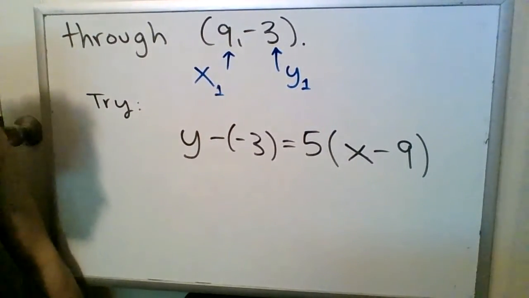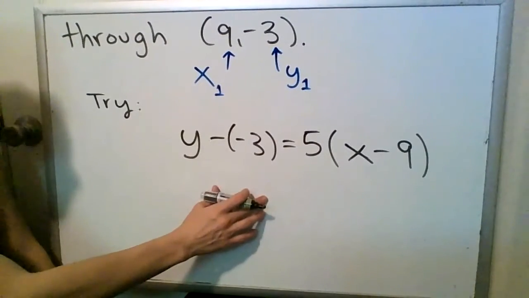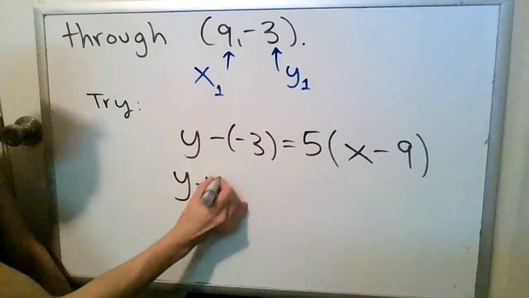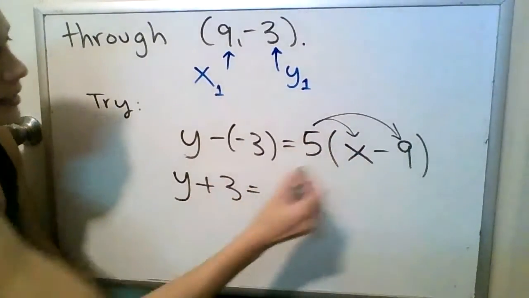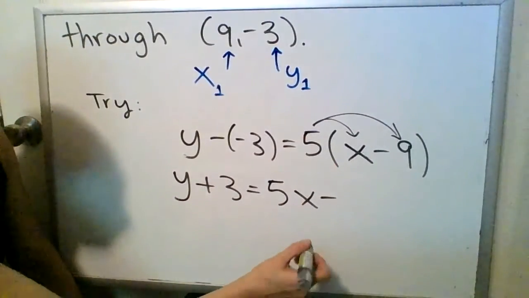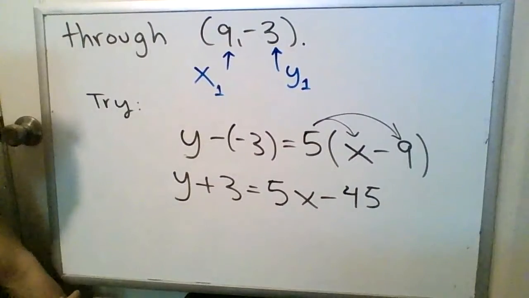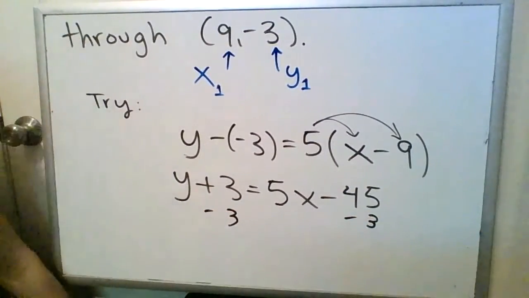And usually a line is written with y on one side and then your x value followed by that number. So we're going to isolate y. Let's start with this. Distribute 5 here and here, 5x minus 45. And subtract 3, subtract 3.